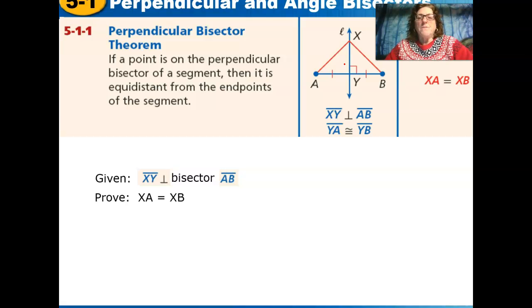So from the given information, if we know we have a perpendicular bisector, then we know we have perpendicular lines, so XY would be perpendicular to AB. Then therefore we have right angles by definition of perpendicular. So angle XYA and angle XYB are right angles, and they are congruent by the right angle congruence theorem.